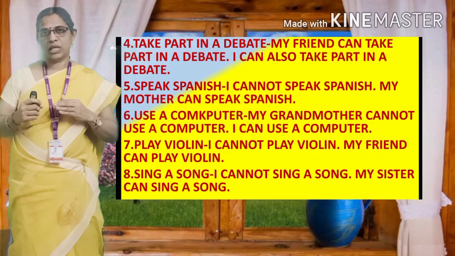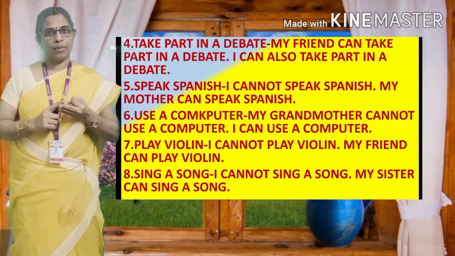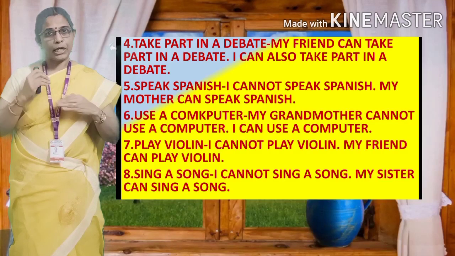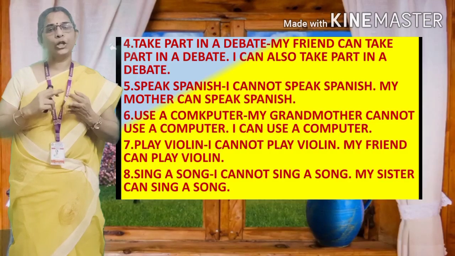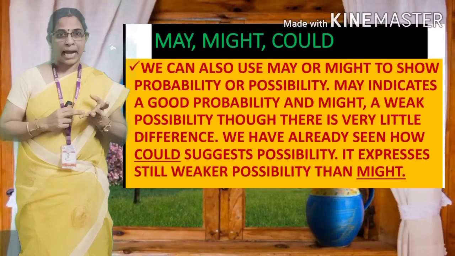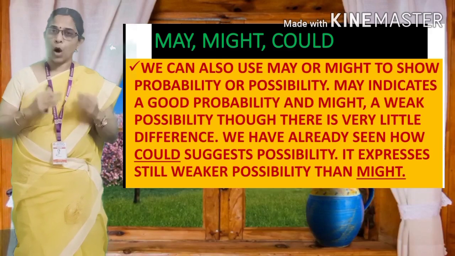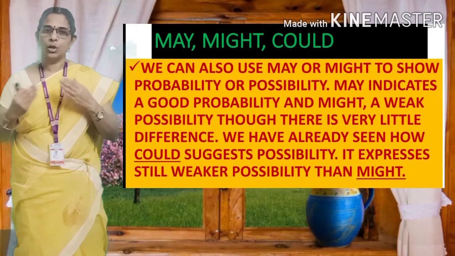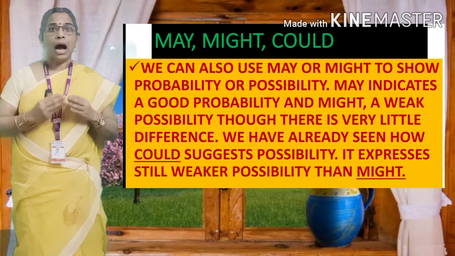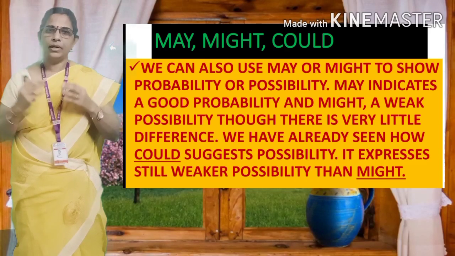So far we have seen can, could, be able to express possibility and ability. Now we are moving into another one, may, might, could. We can also use may or might to show probability or possibility. May indicates a good probability and might a weak possibility, though there is very little difference.